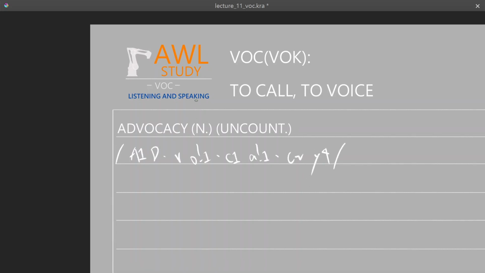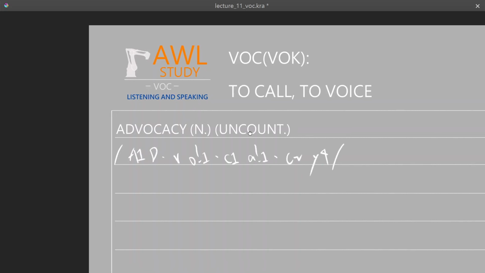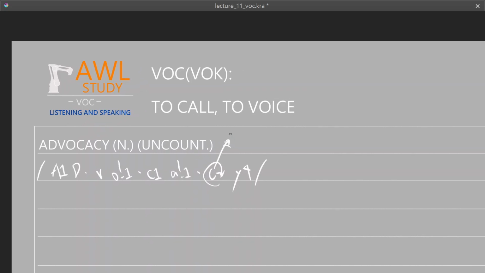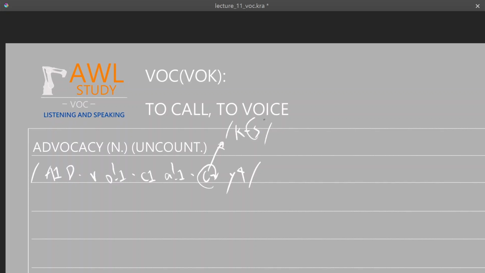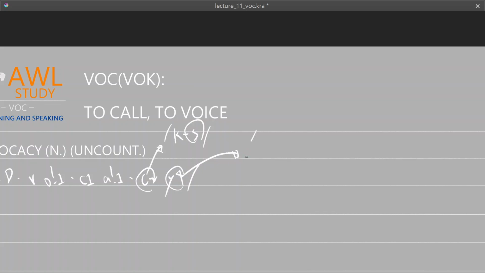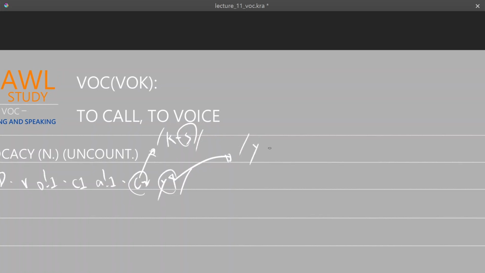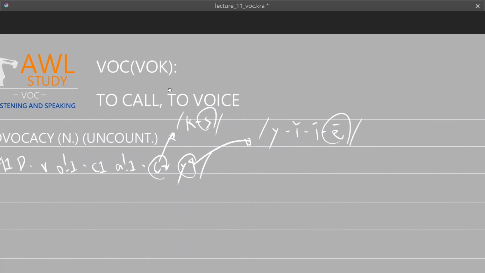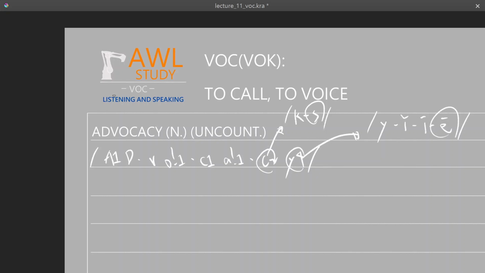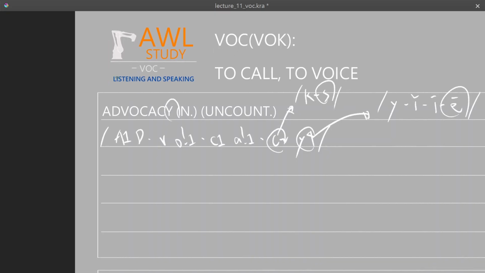The c here is the second sound of c, the soft sound, because it's followed by e, i, or y.